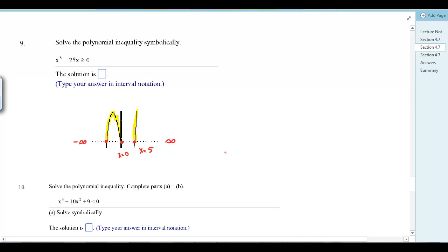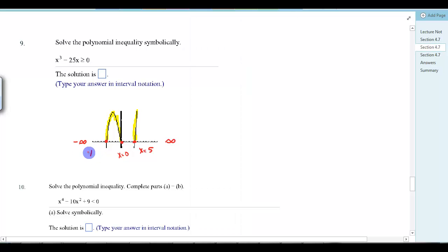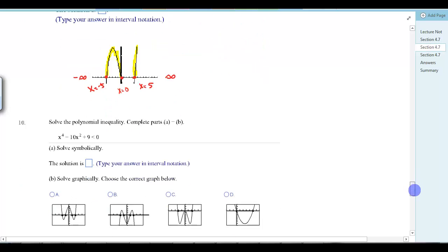And if we did it again on our calculator, we would get -5 for this one, but we're going to just write that. So you would repeat that process. So now our interval would be from here to here, and because it's greater than or equal and we've got closed circles, we want to have a bracket from -5 to 0 and from 5 to infinity, and infinity always gets a parenthesis. So we would be there, okay?